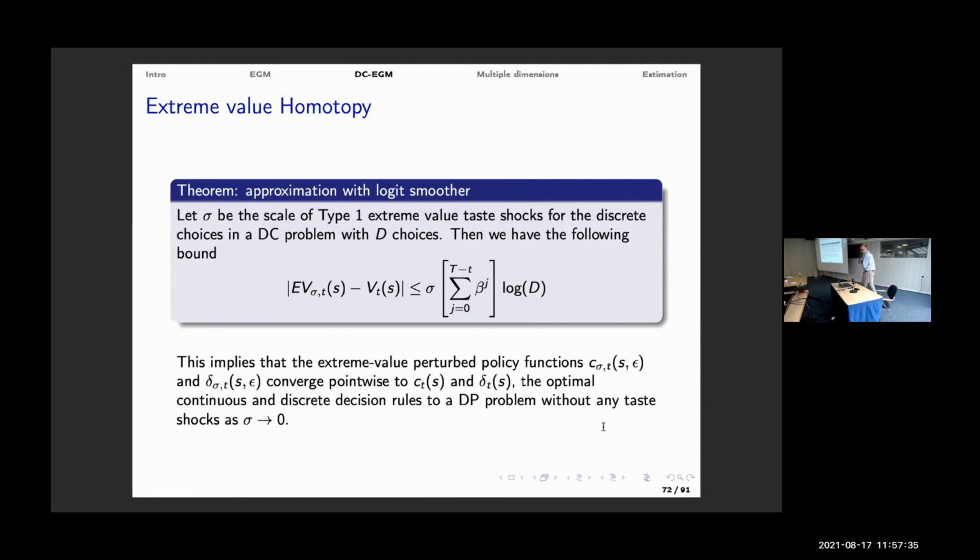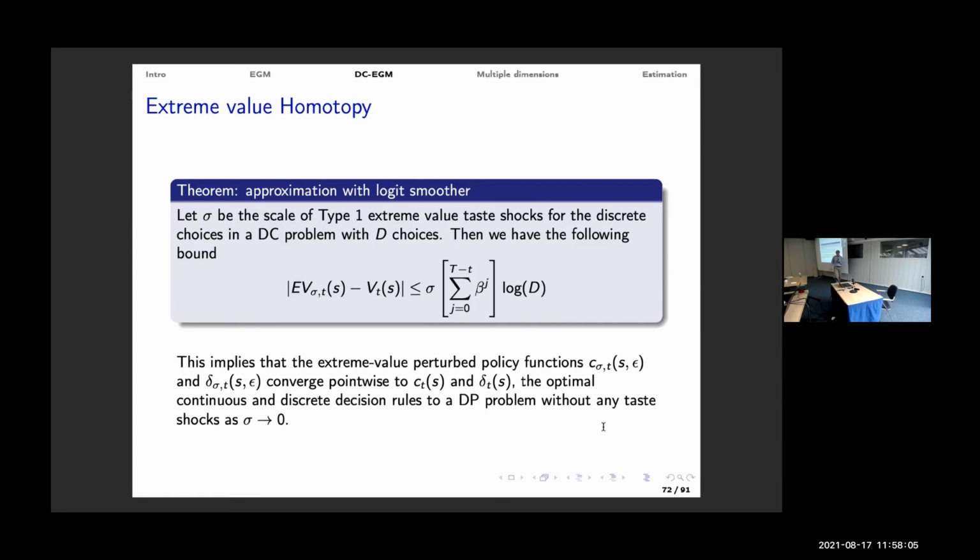Now we have a theorem in the paper which shows that if you treat these EV random components in the utility as a logit smoother, then you can approximate the solution of the non-smooth problem with any degree of accuracy by changing the sigma. So there's an upper bound. D is the number of choices. These are your betas. They are less than 1, so they converge even in the infinite horizon case, right?